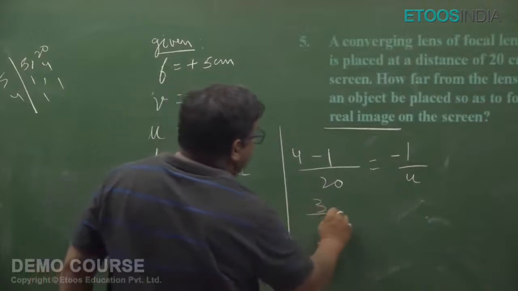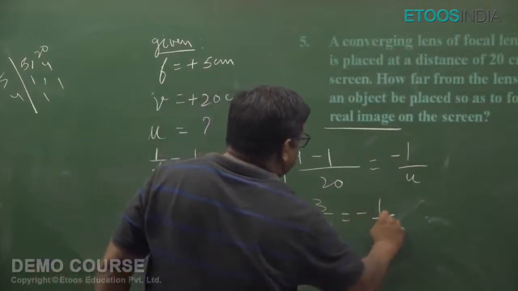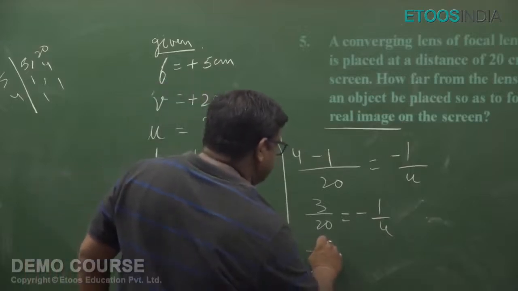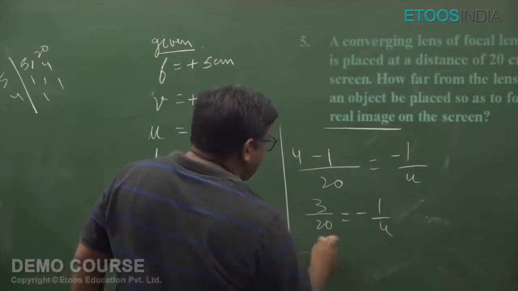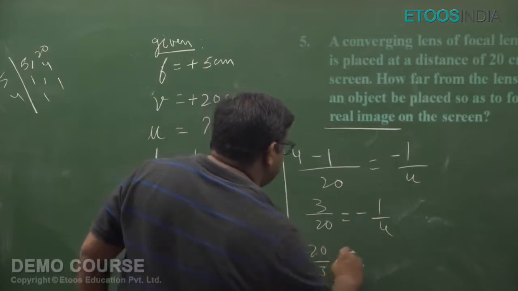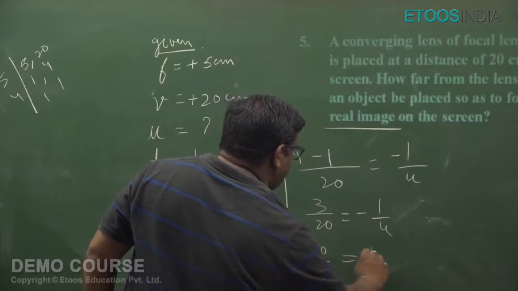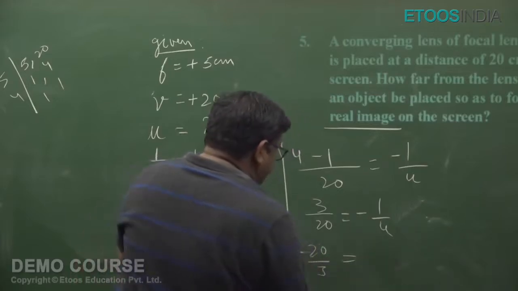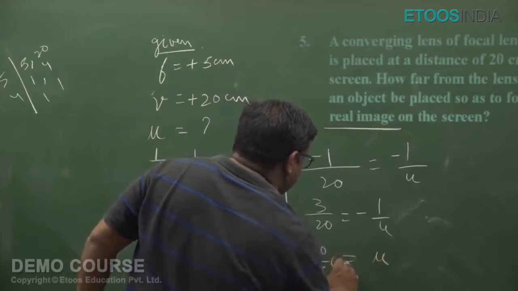We know that 3 by 20 is equal to minus 1 by u, or I'll just invert it now. It is 20 by 3 with minus sign, which is equal to u. Sorry, it's not 1 by u, it will be u only.